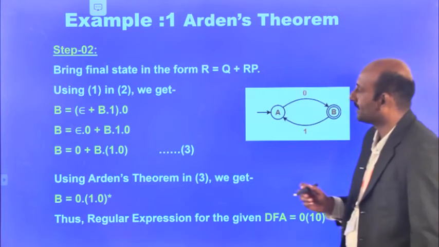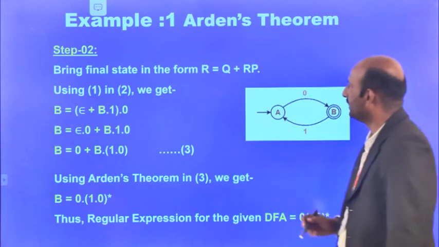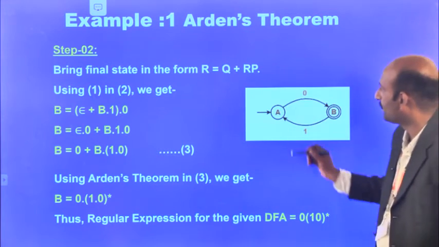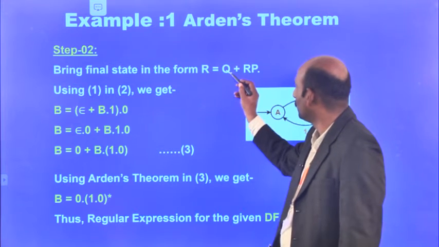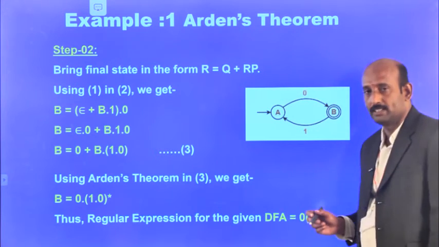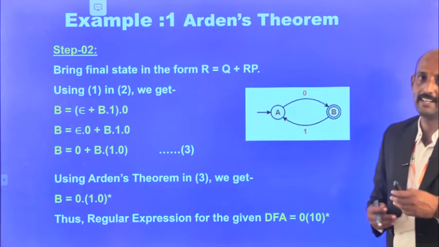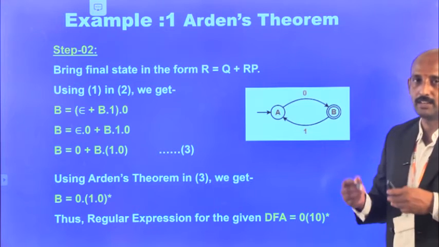Now step 2: bring this into the form of Arden's theorem, R equals Q plus RP. We can go on substituting again and again, so remember that.